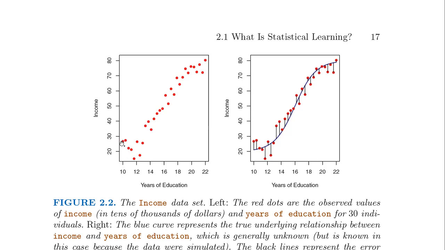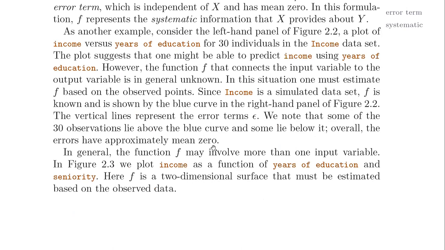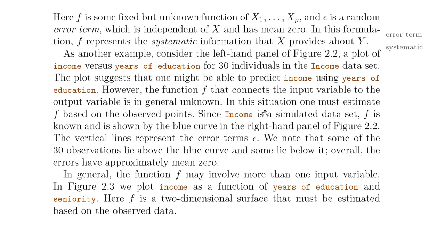Okay, so 10, I don't know, 10.2, 10.4, 10.6, 10.8, 12, etc. So what the authors have done over here is they've simulated the data set. In a way, you're playing God. You know the relationship a priori. You know it in advance.